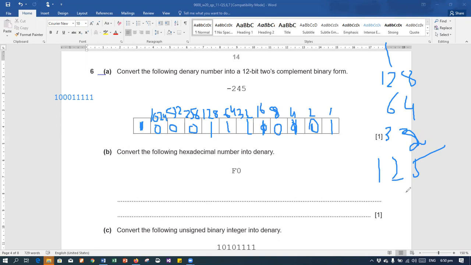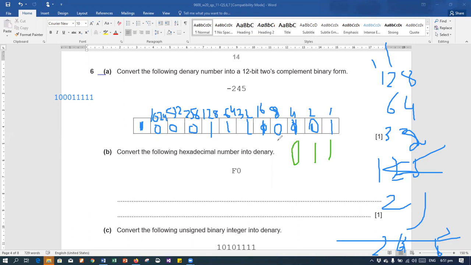21. If we add 21 in it, then okay. Yes, that's right. Now this is the answer. Now we need to convert it into ones complement. If we convert into ones complement, then it would directly use 1, 1, 1.